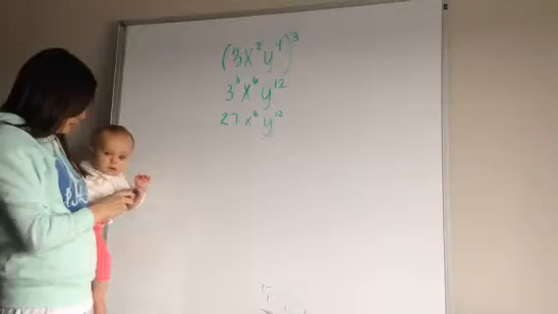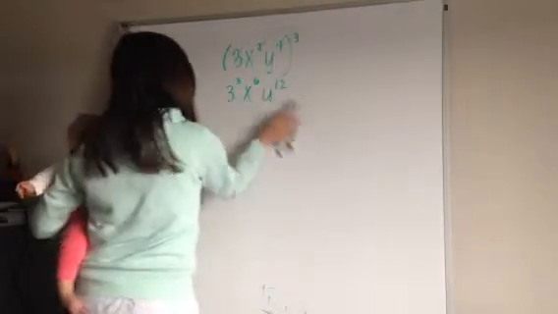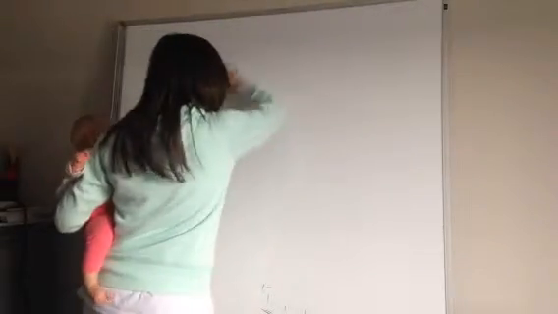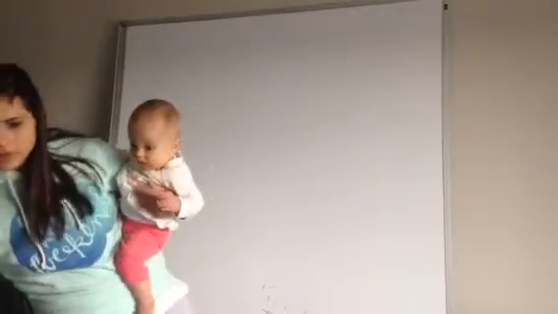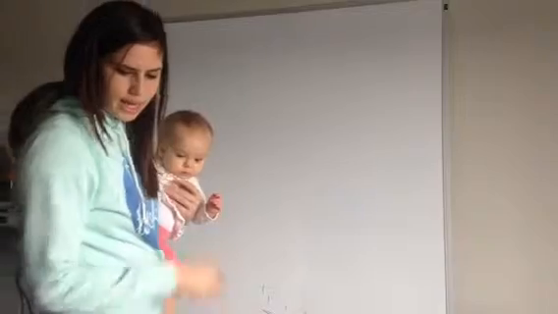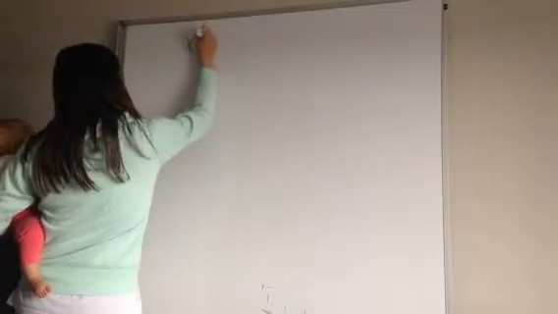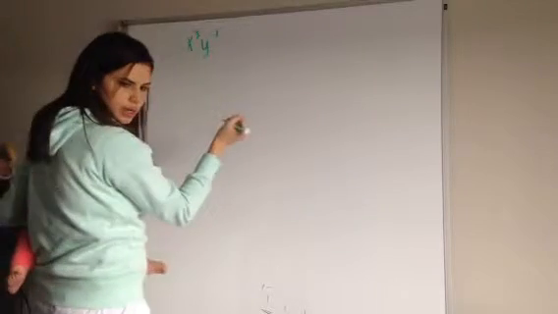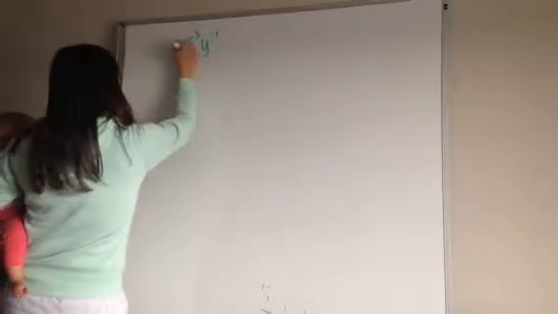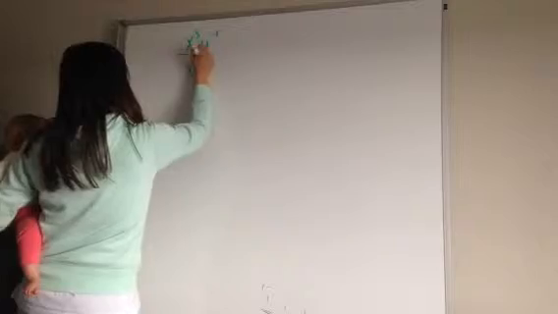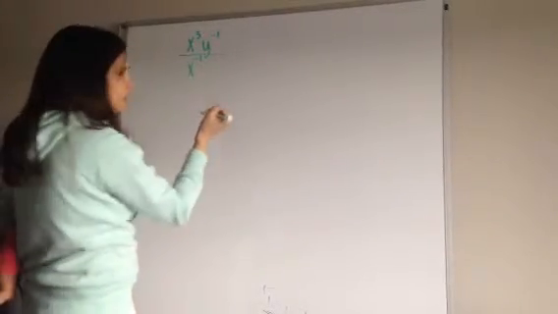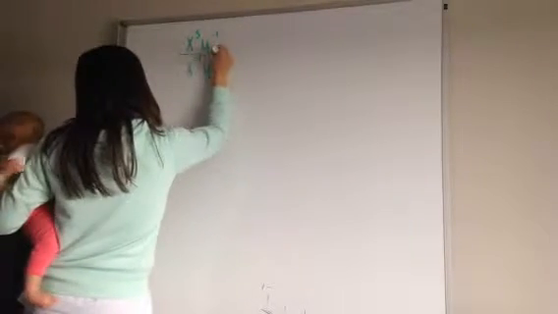Okay, let's do both of those problems. Okay, so we have x cubed, y to the -1, all over x to the -1 and y to the -3.